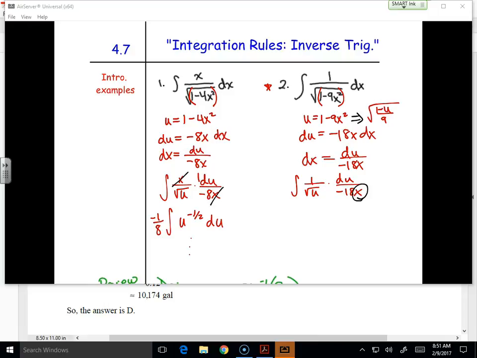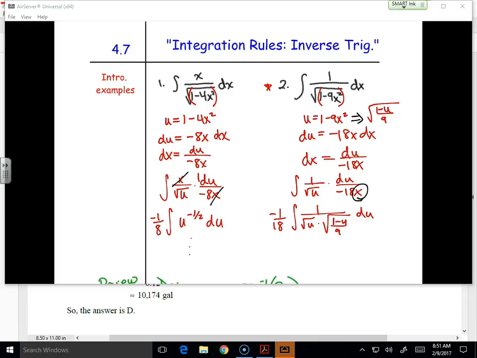We would end up with the integral of, we can pull the negative 1/18 out, 1 over square root of u times the square root of 1 minus u all over 9 du. Some of you are like, well, that didn't make anything better. Well, let's see where that would get us.